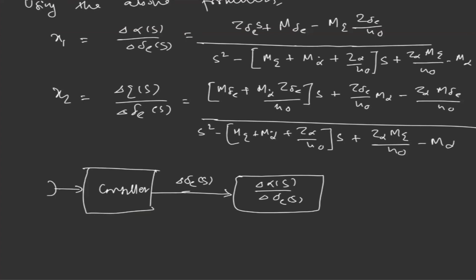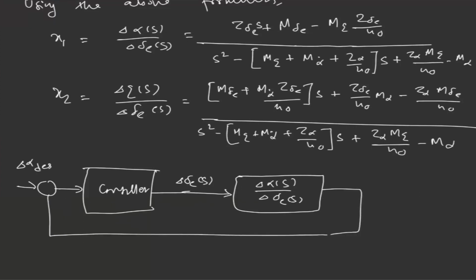Here we have the summing point, with alpha desired, and we get the feedback, which is the output, delta alpha S. This is negative feedback, this is positive. This is how we can design the control system, and this concept we have already done in the first half of this lecture. So let's stop it here.